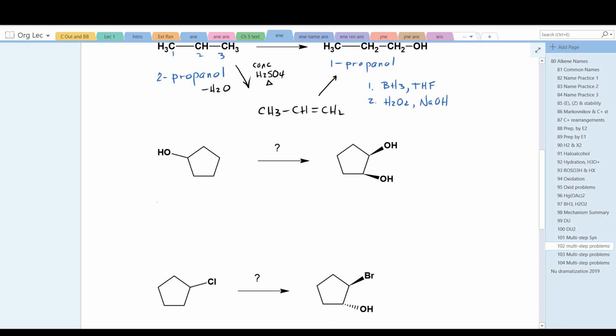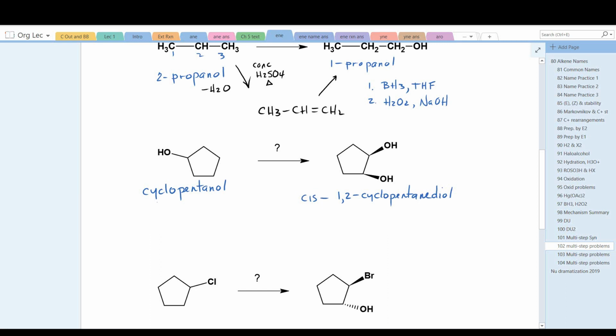Let's try the next one. We're starting with cyclopentanol, and we're going to 1,2-cyclopentane diol. Notice the hydroxyl groups are on the same side. Therefore, this would be cis-1,2-cyclopentane diol.